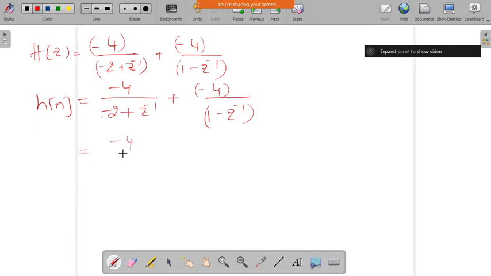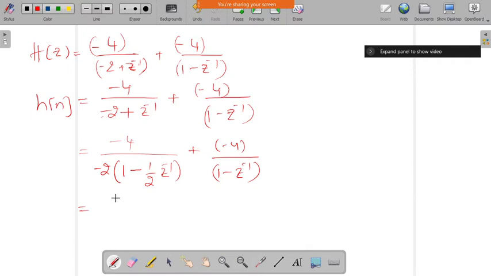Now we get minus 4 divided by, taking minus 2 common, 1 minus 1 by 2 z inverse, plus minus 4 divided by 1 minus z inverse. So we get 2 by 1 minus half into z inverse plus minus 4 by 1 minus z inverse.